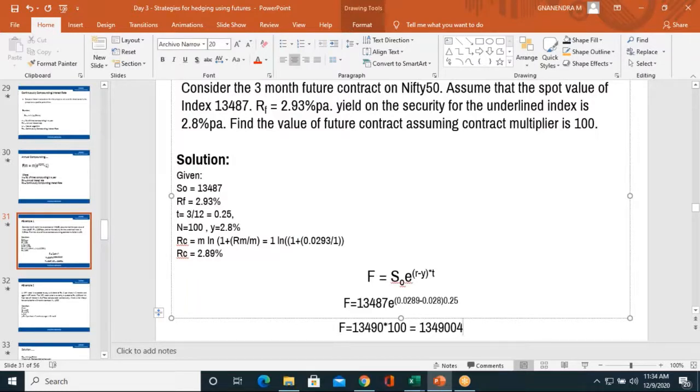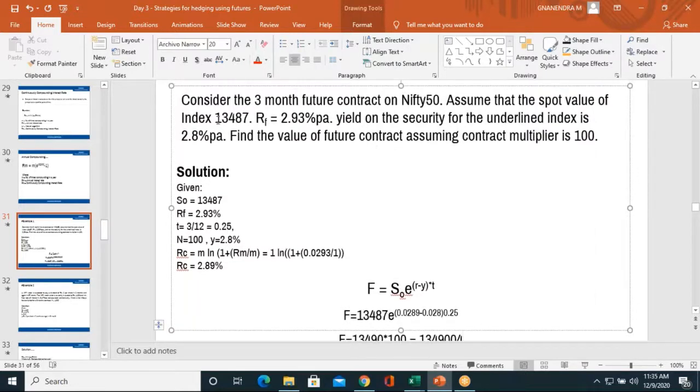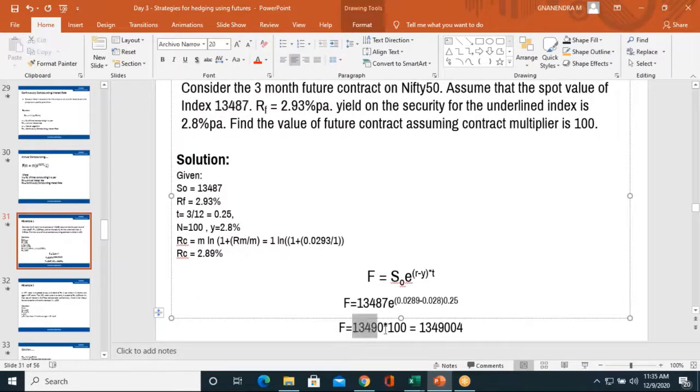You can compare these two. The index given now, spot, is 13,487, but the future value will be 13,490. So it is better to take a long position, so that you purchase at 13,487 instead of 13,490 rupees. That 3 rupees profit you are going to get into 100 shares.